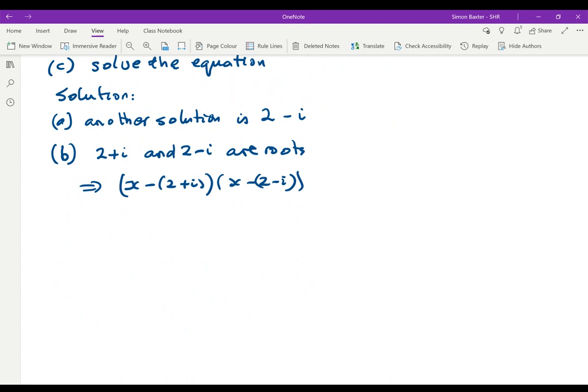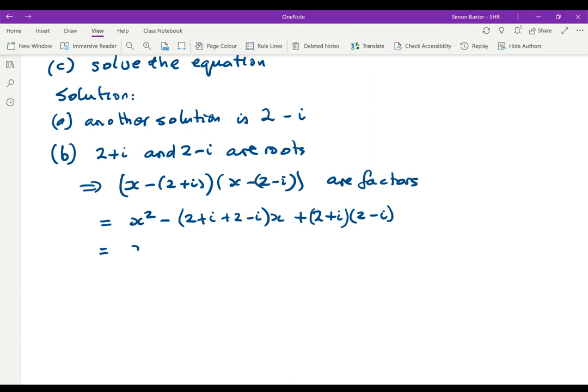We get x squared minus (2 plus i) times x, minus (2 minus i) times x, plus (2 plus i)(2 minus i).